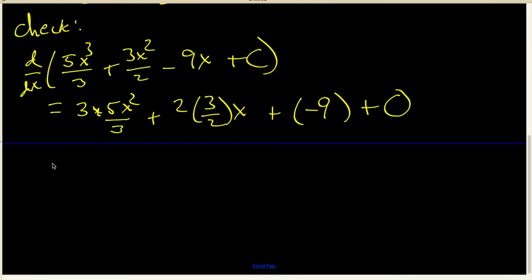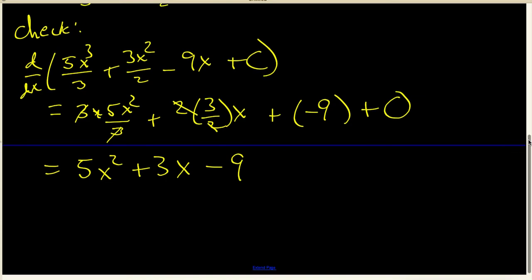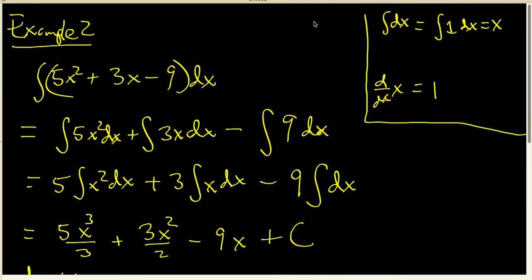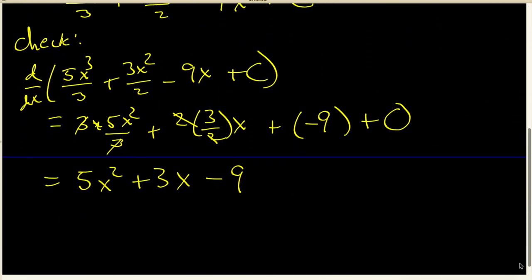And when I clean up my algebra, those 3's cancel, and I have 5x squared. Those 2's cancel, and I have plus 3x, and I have a minus 9. And this is indeed the integrand that I started with. It's the stuff that is inside my integral, and so I know that I did my work correctly.